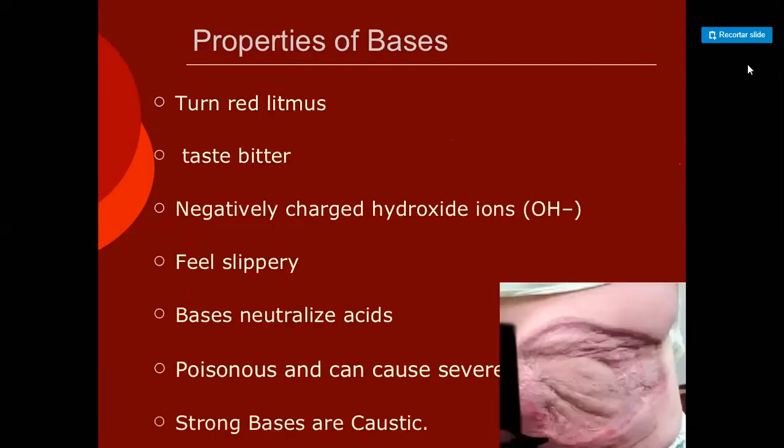Properties of bases: they turn red litmus blue, they taste bitter, they have negatively charged hydroxide ions, they feel slippery, they neutralize acids, they are poisonous and can cause severe burns, and strong bases are caustic, meaning they produce a burning sensation in the skin and are corrosive.